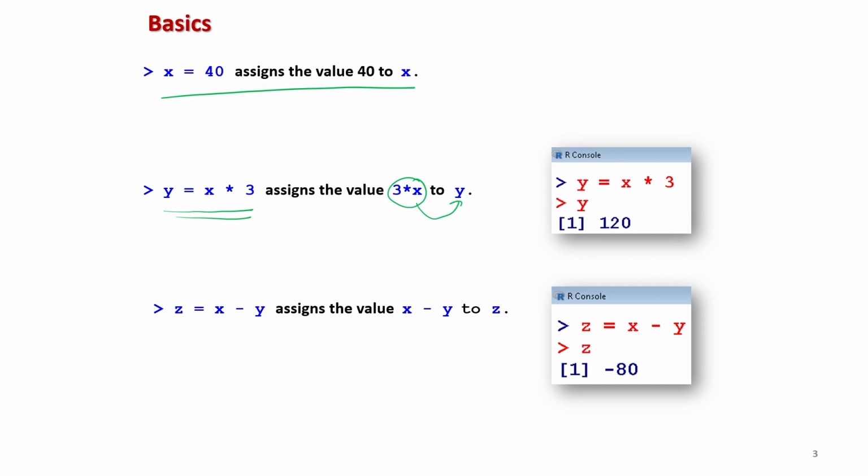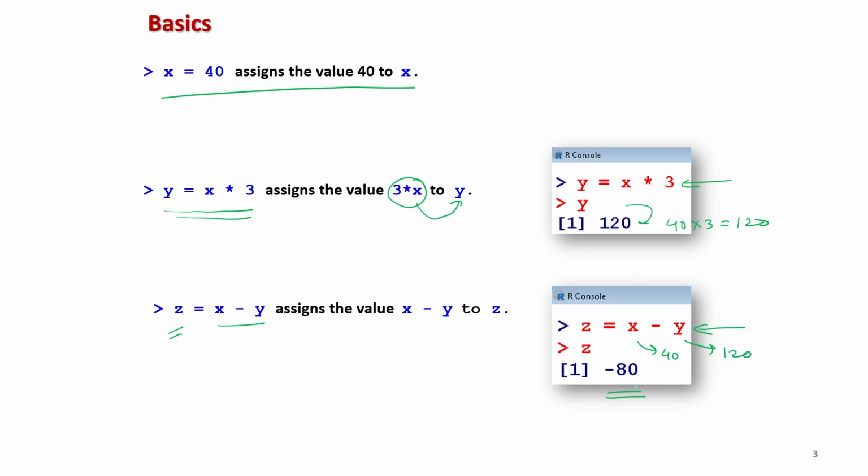And if you operate it on the R console, you will see that y is equal to x into 3 comes out to be 120, which is 40 into 3 equal to 120. And similarly, if you now assign x minus y to another variable z, then if you execute it on the R console, x is 40, y is 120, so this will come out to be minus 80, that is 40 minus 120.